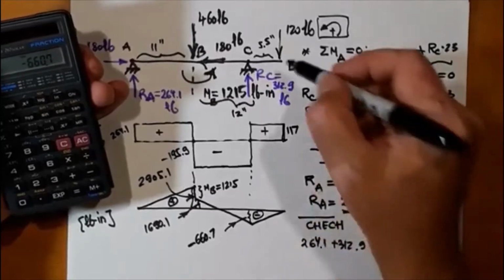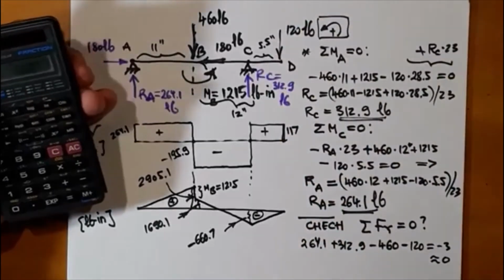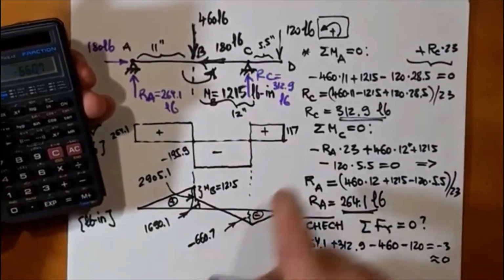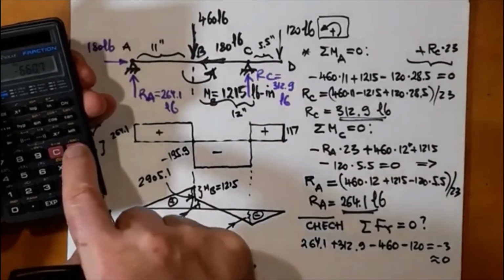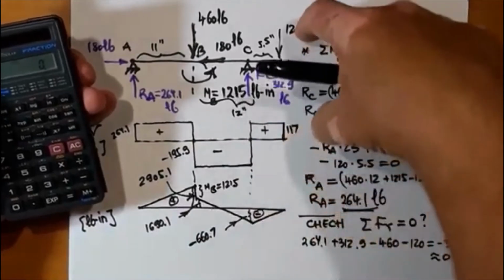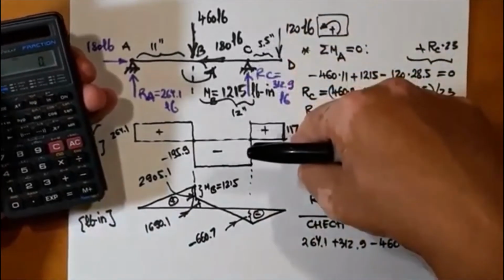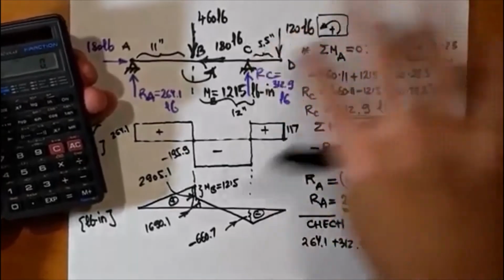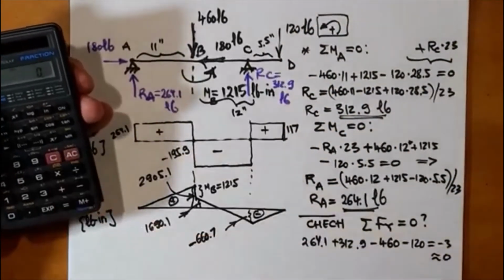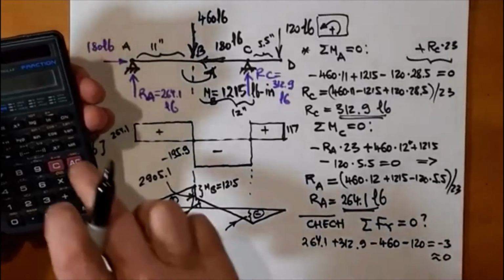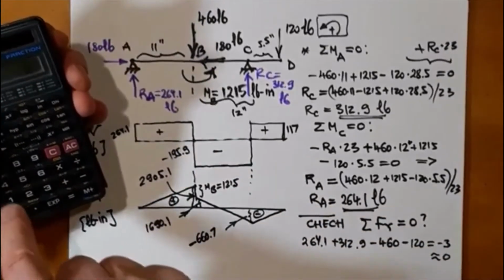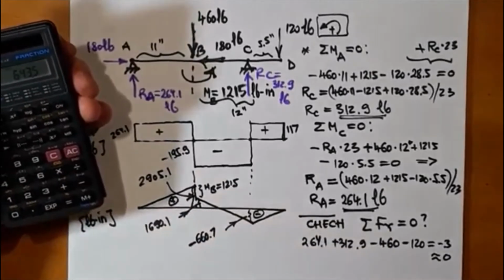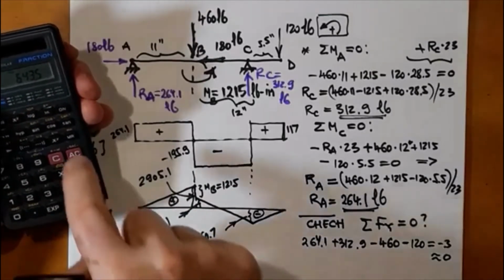It should go to 0 because the end of the beam is free. If we take the product, I said 117, this should be, so instead of 117 should be 120, somewhere here, round-off error or something. This is not exactly 0. So if we take 117 times 5.5, I get 643.5.